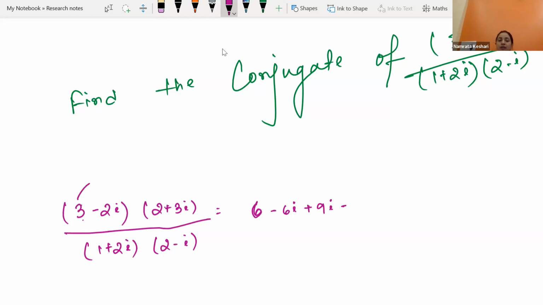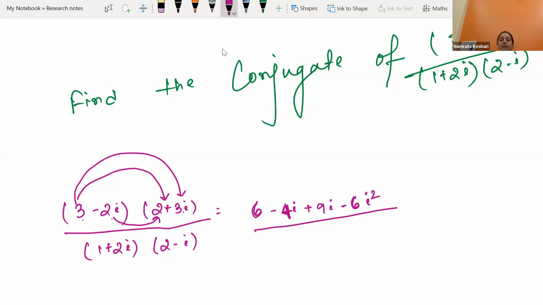3 you multiplied with 2, that is 6. 3 we need to multiply with this also. 3 times 3i is 9i. Minus 2i we will multiply with 2, that is minus 4i, right? And minus 2i will get multiplied with plus 3i, minus 6i square. Is it okay? Ali and Alina?